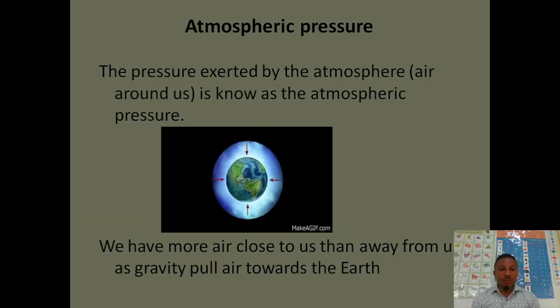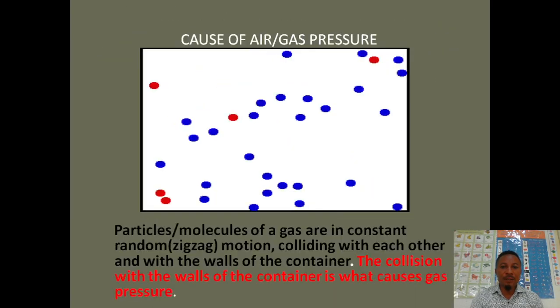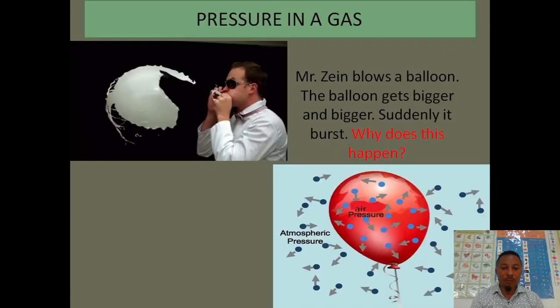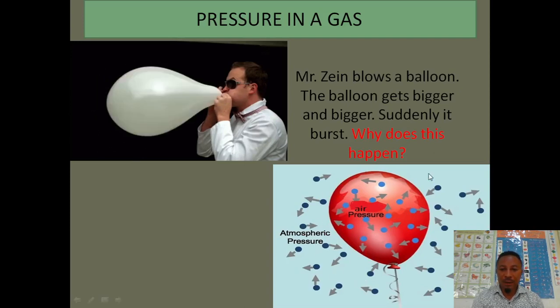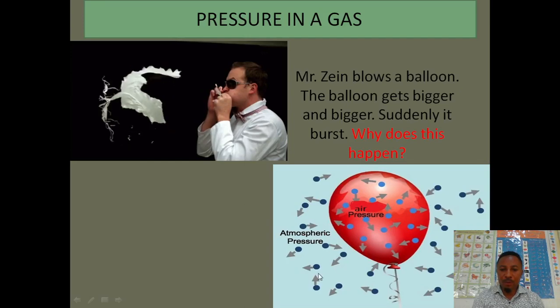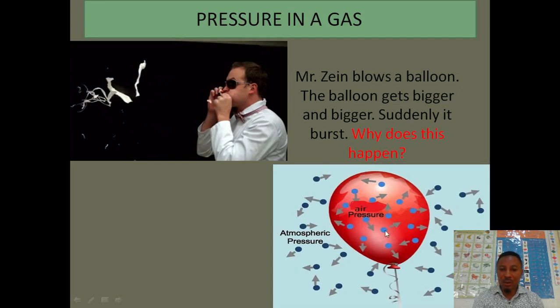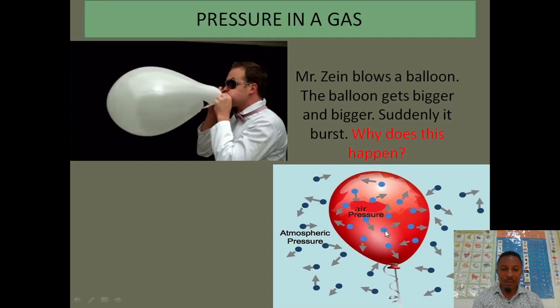Now to atmospheric pressure. Earlier in the slides, let me take you back to the slide, I told you that the pressure due to air outside here is called atmospheric pressure, isn't it?